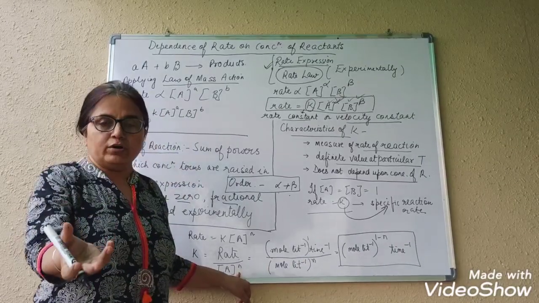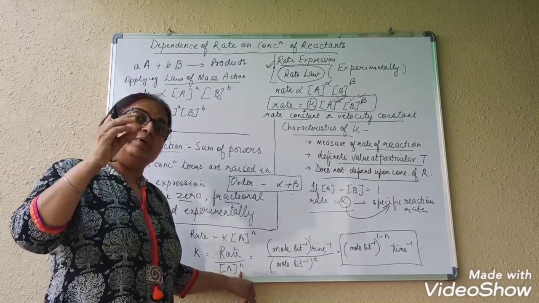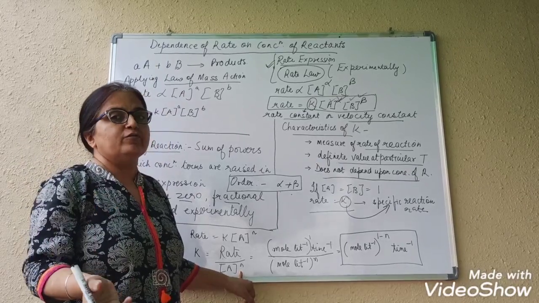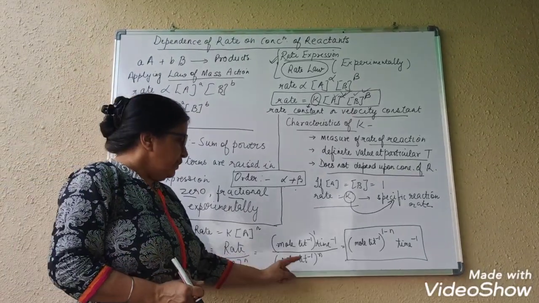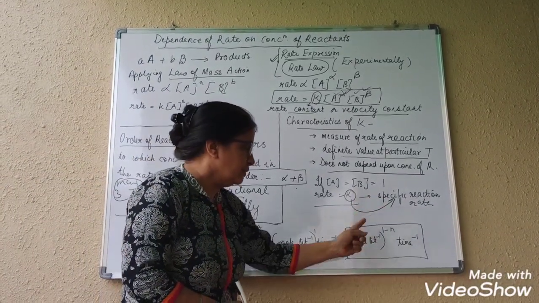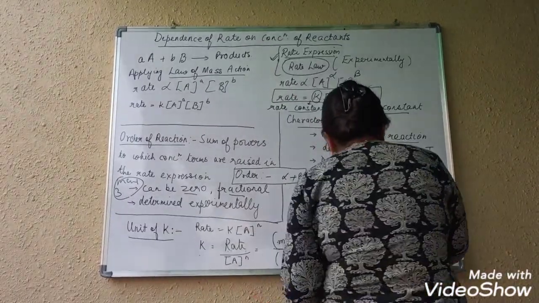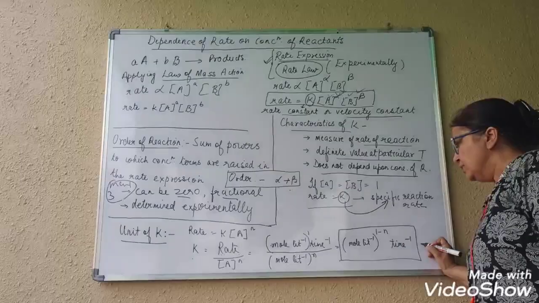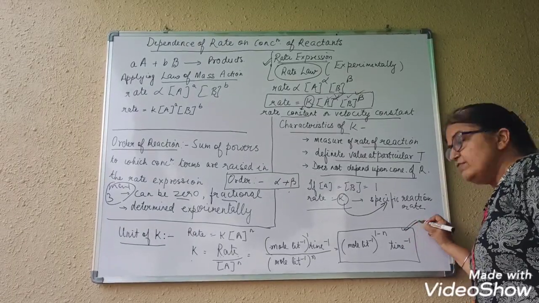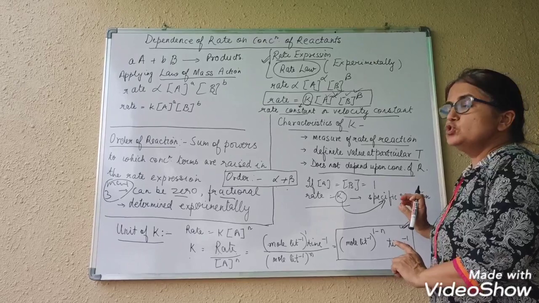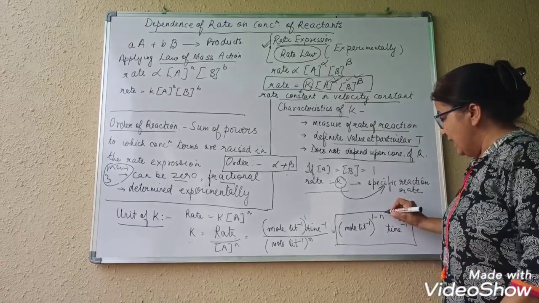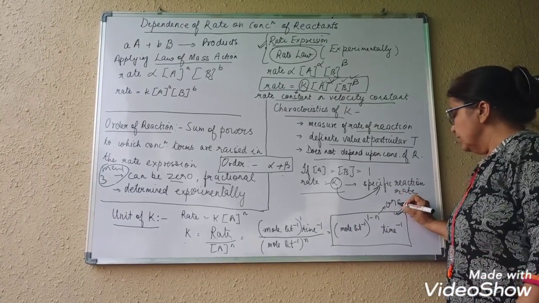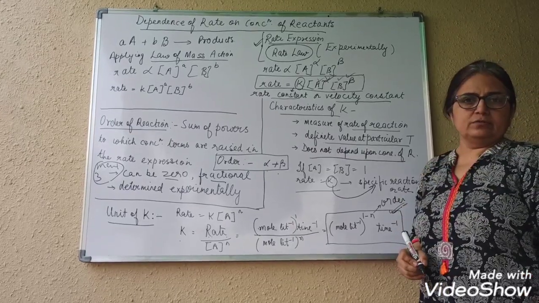Here n is the order, and depending on what the order is, the unit of K will change. If I take this term to the numerator, it becomes (mole per liter) to the power 1 minus n, per time. Remember, children, this is very, very important: this is the unit of K, where n is the order of the reaction. Clear?